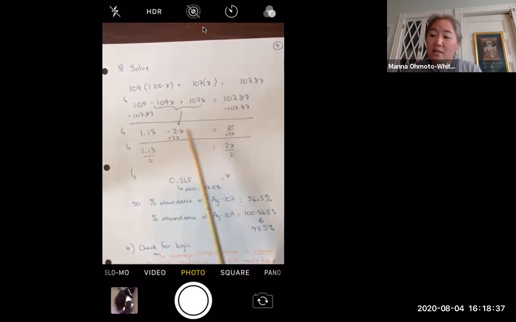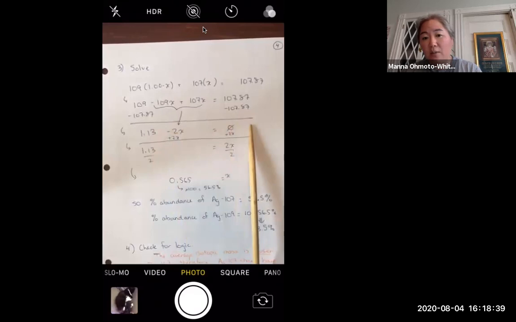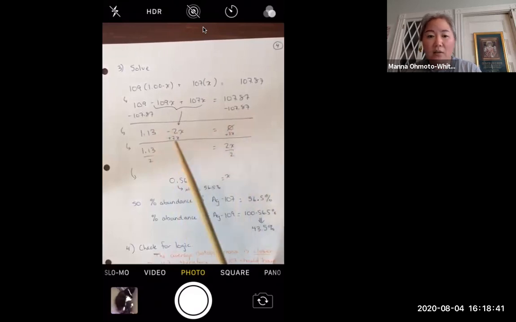If you left the x's on this side and the number on the other side, you'd end up with negative 2x equal to negative 1.13, and you would divide by negative 2 instead, but either way you end up with a positive number. It has to be positive because percent abundance can't be negative. So x is equal to 0.565.